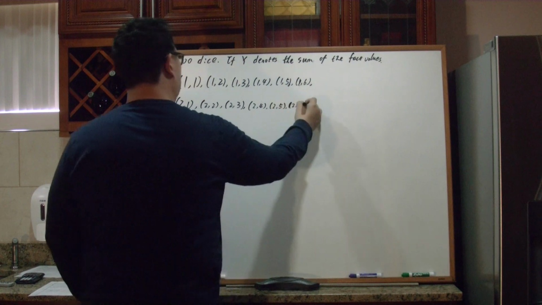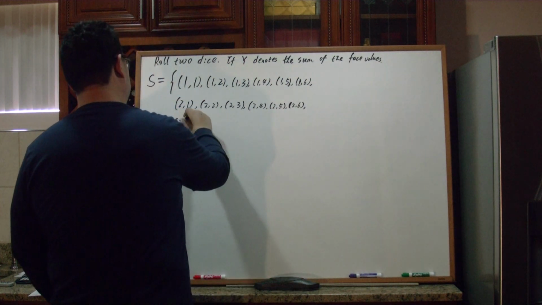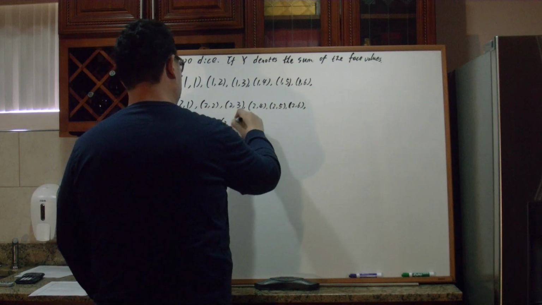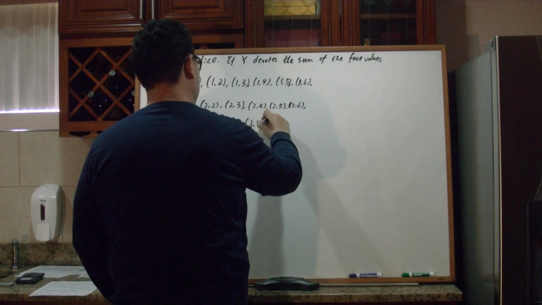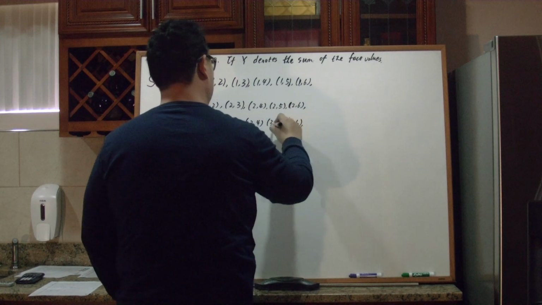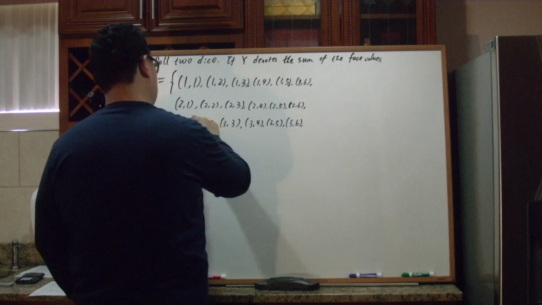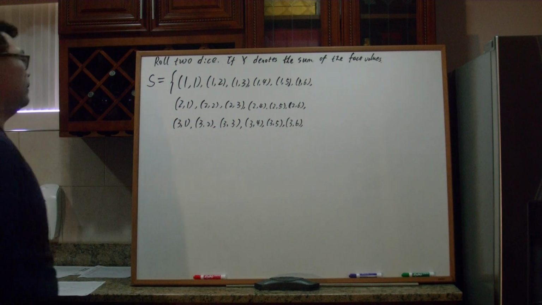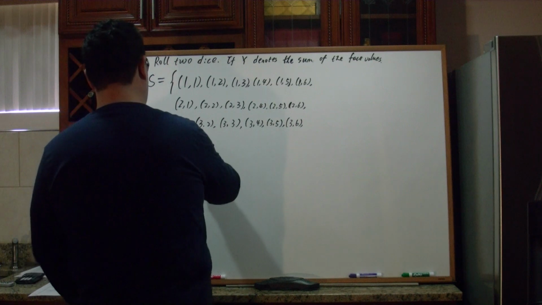And also the first die could be 3, or could be 4, could be 5, could be 6, all the way.